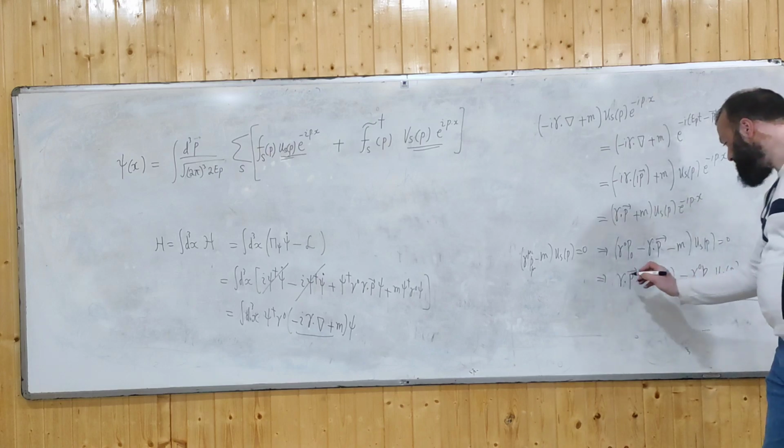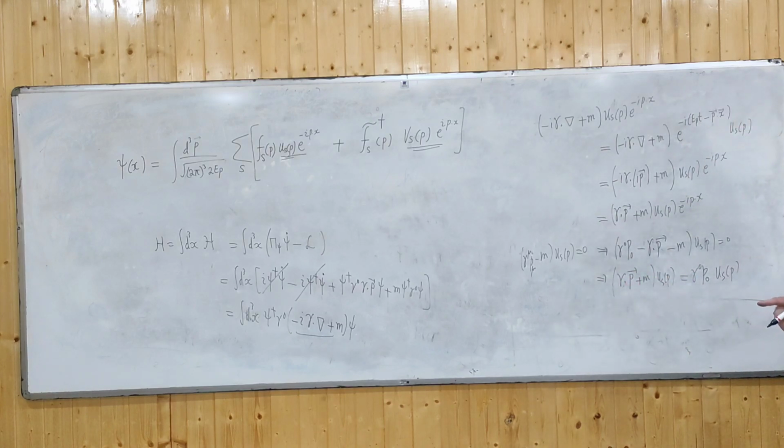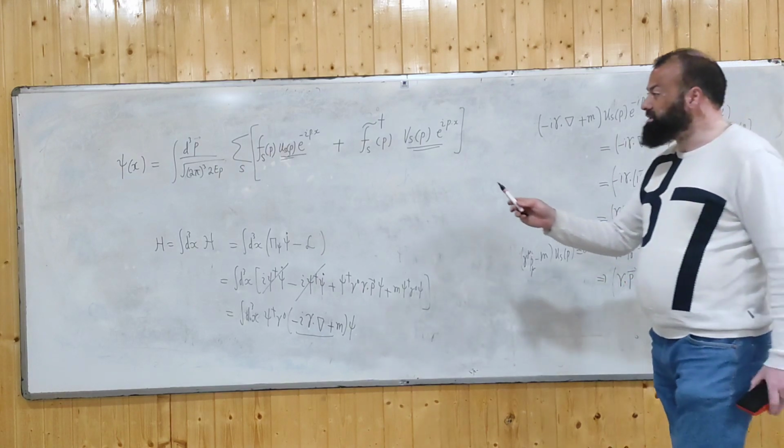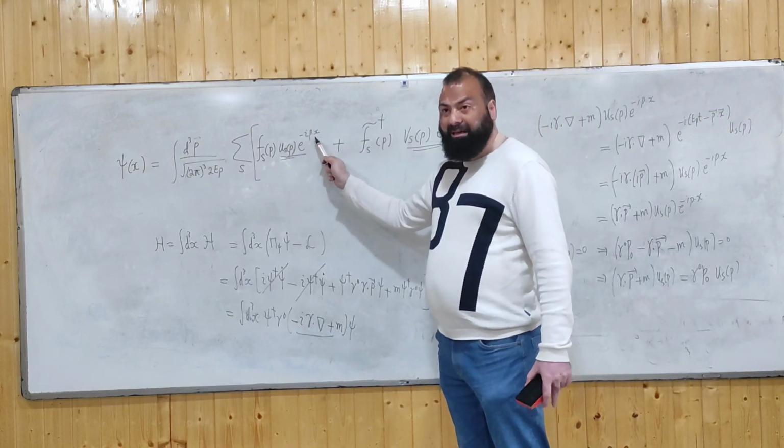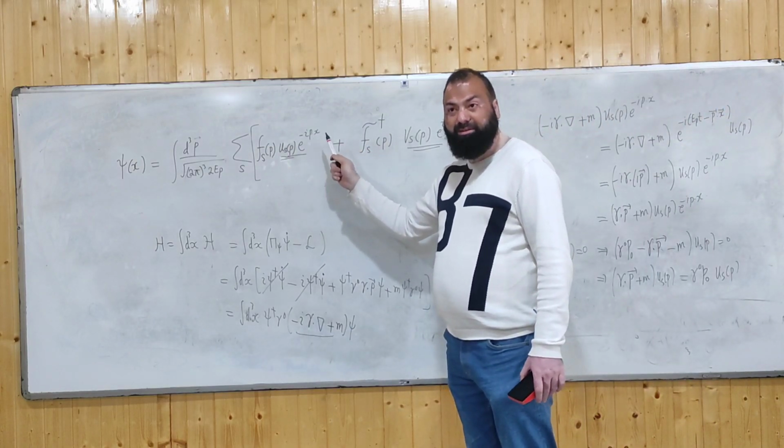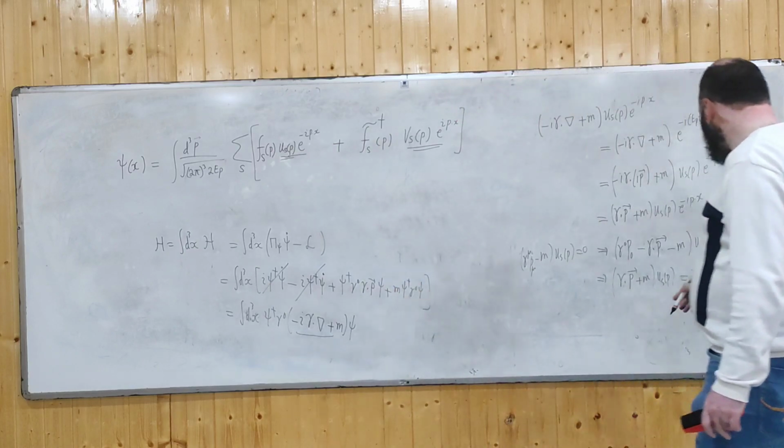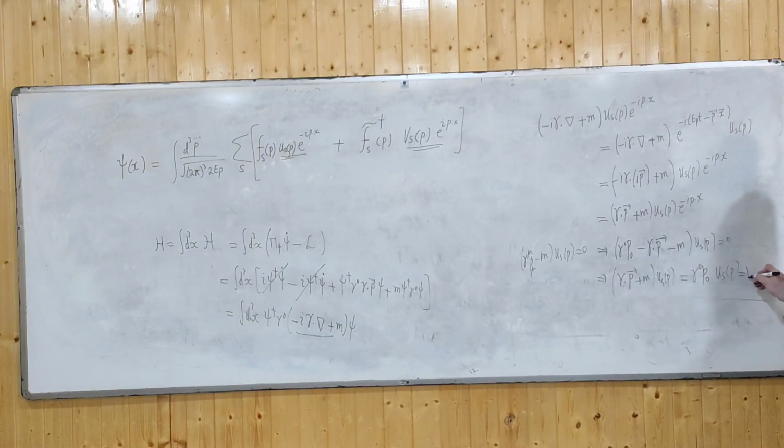Can you tell me what is p_0? p_0 is simply E_p. By the quantization rule, all these momenta are not independent, only 3 are independent. So that is simply γ^0 E_p u_s(p), where E_p is the energy of the particle.